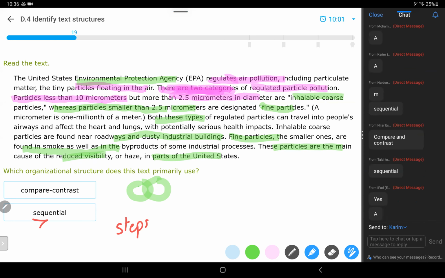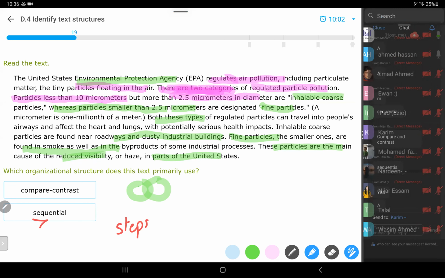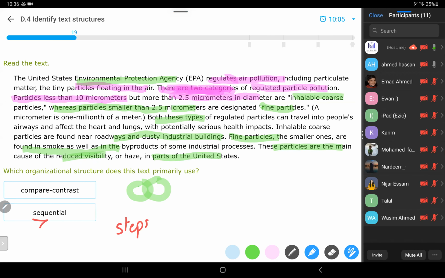What about the rest? Yes, it's A, comparing between two things. We have these 10 micrometer particles and the 2.5 micrometer particles, which are called the inhalable and the fine, where we can find them, what they cause. So we have two things, and there is some kind of comparison between them.